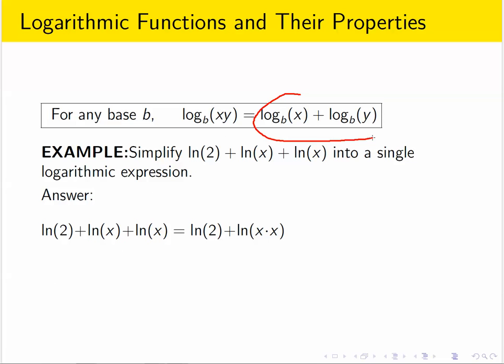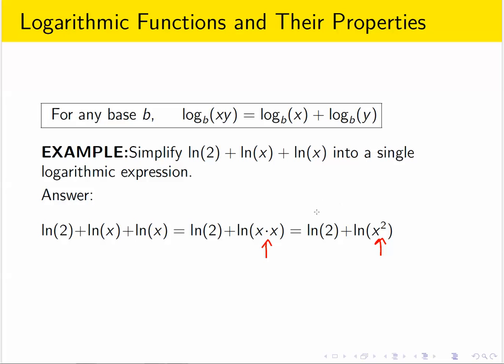I have two logarithms that are added together, and I can combine them if I just multiply what's inside. This x times this x gives me x times x, which is really x squared.